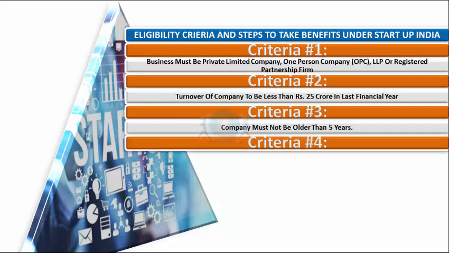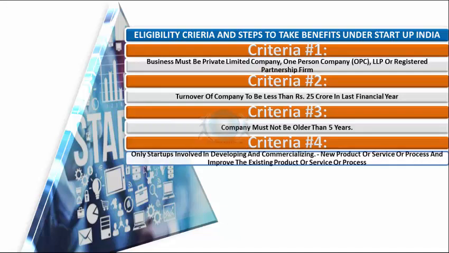Criteria 4, only startup companies that have been involved in developing and commercializing a new product or a service or a process, or significantly improving an existing product or service or process to create or add value to the customers, are eligible for this.